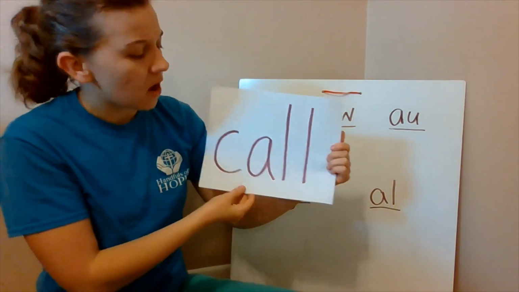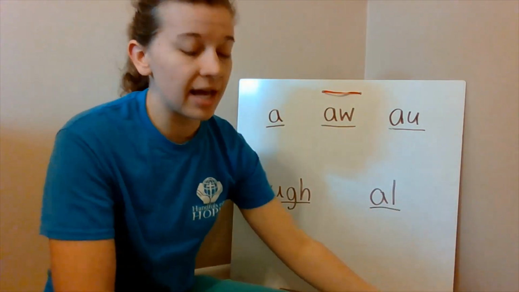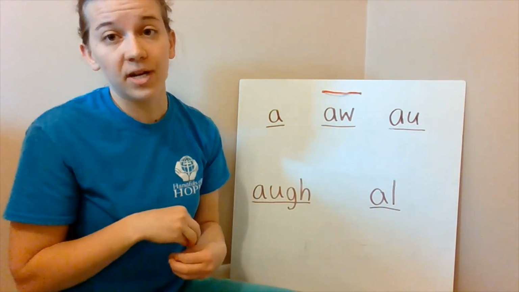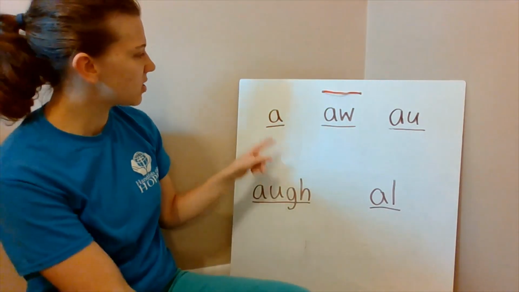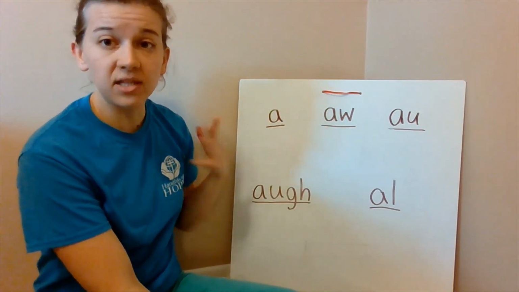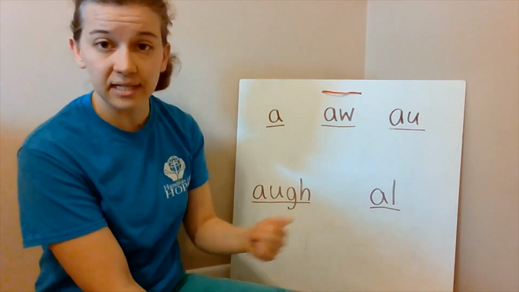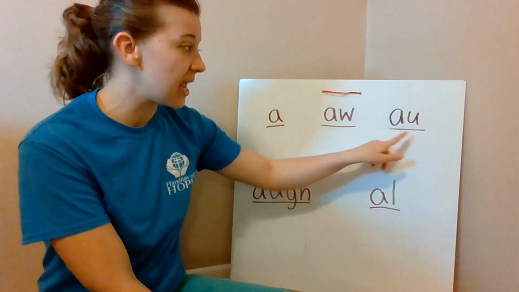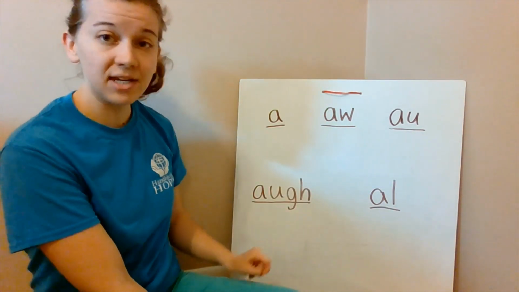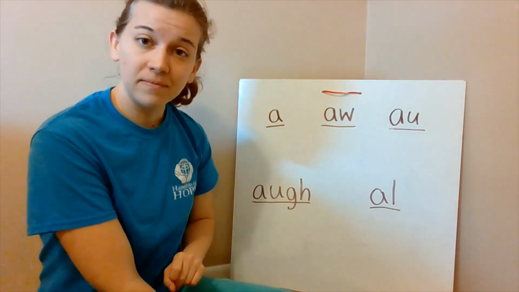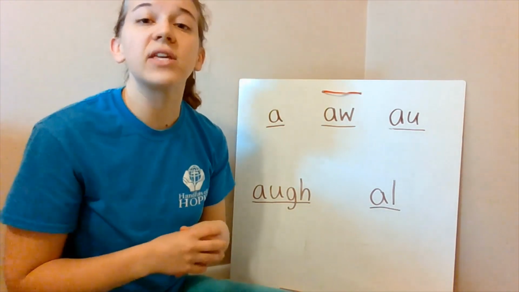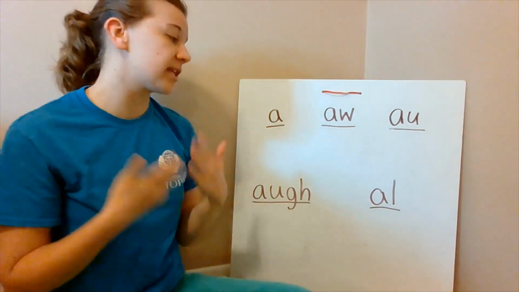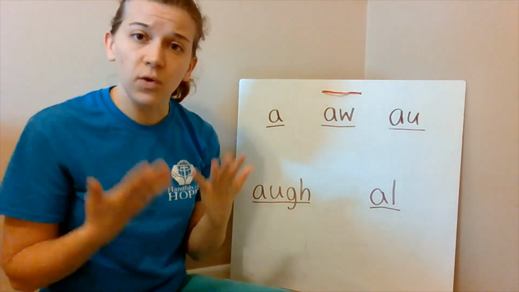All right, so let's take a look at some of those letter combinations and then some words that we can use those combinations in. All right, so we have A. That makes the aw sound sometimes, just like it does in the word call. Then we have AW, AU, AUGH, and AL. So those all make this aw sound sometimes, not all the time, but they all make this aw sound in different words.